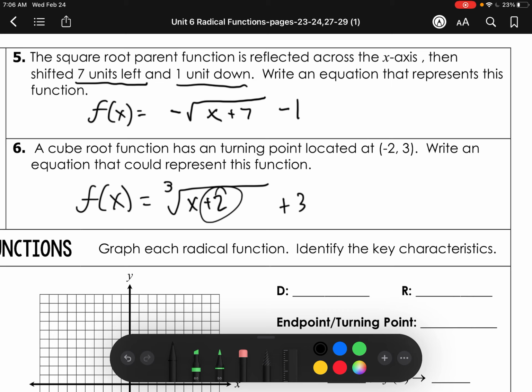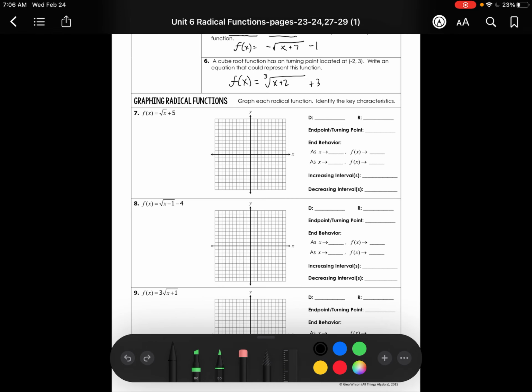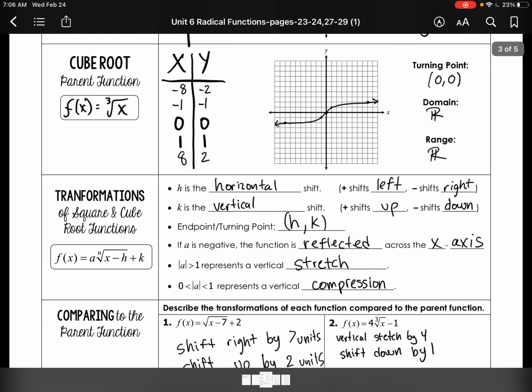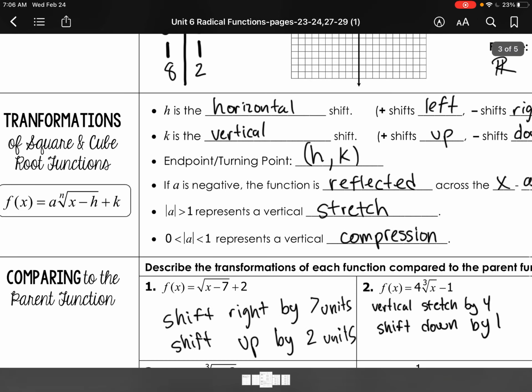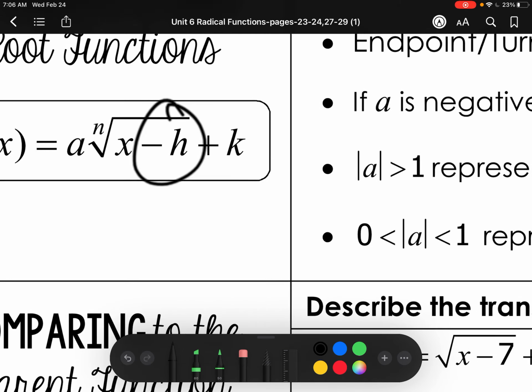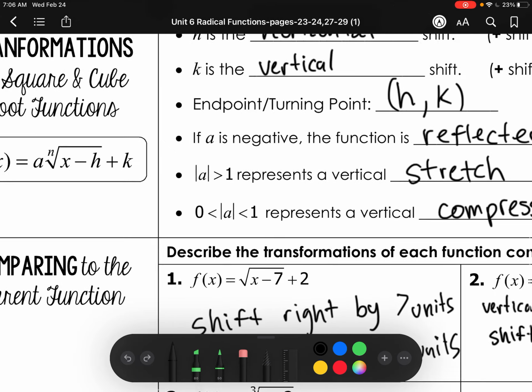And you're probably wondering why I made this positive. So let's go back to our first page. Now this says that the endpoint or the turning point is h, right? It's positive h. Over here in the function, it's negative h, right? So they're opposites.